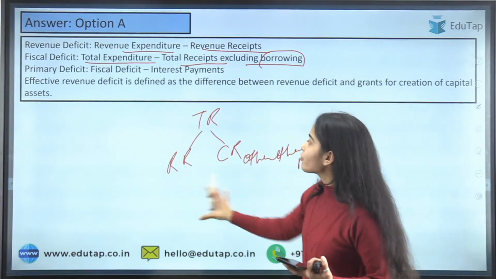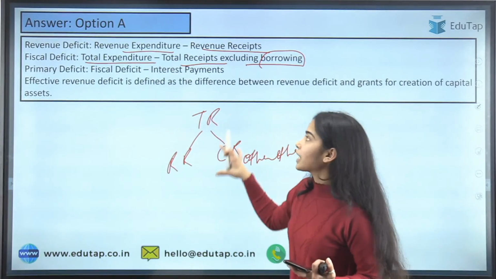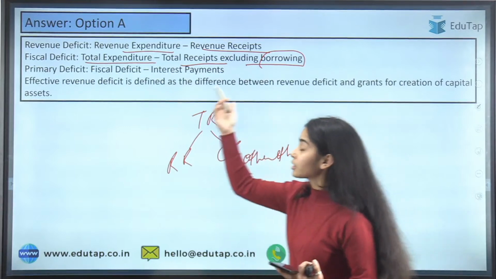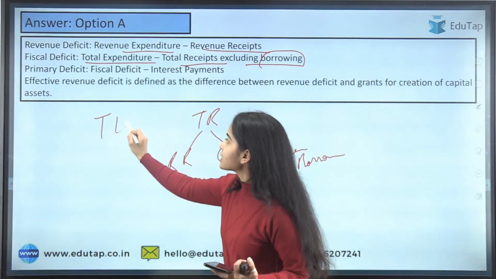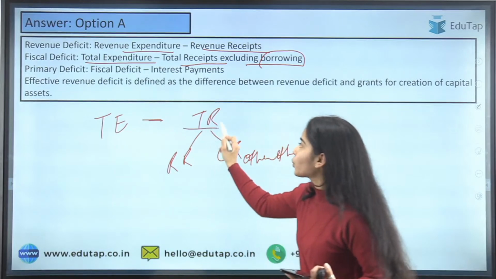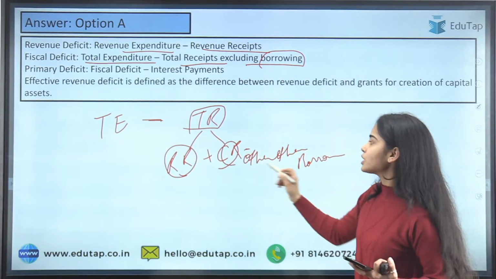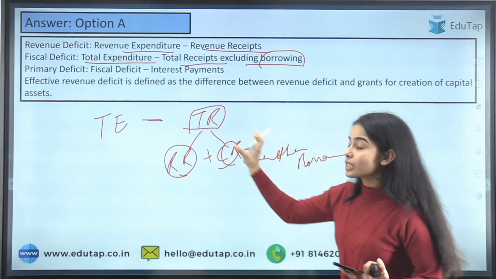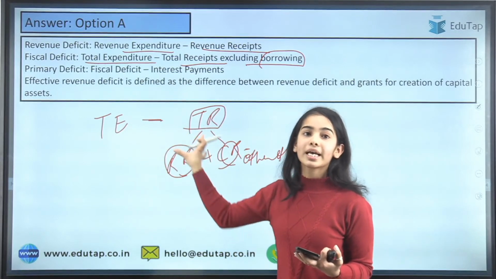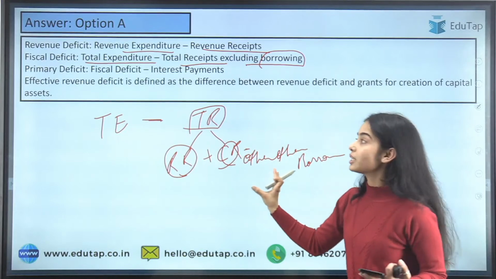This kind of breakup of the term can also happen, and SEBI can give the total expenditure minus the total revenue divided into RR plus CR minus the borrowings or other than borrowings. So you have to get ready for such kind of breakup in the formula also.